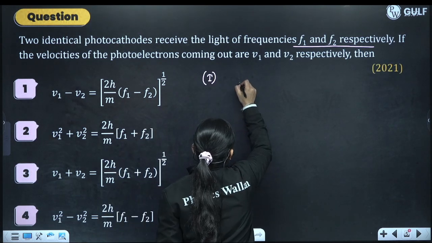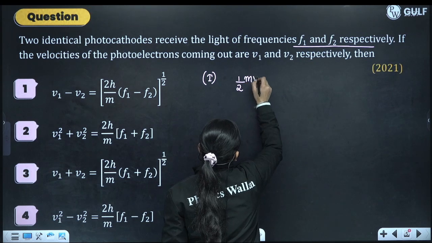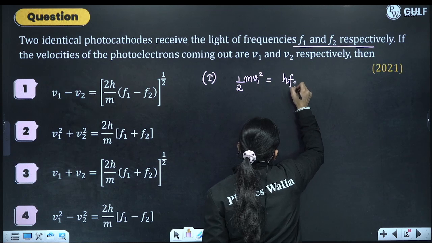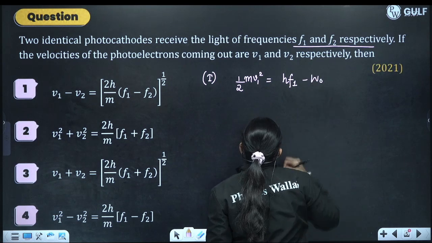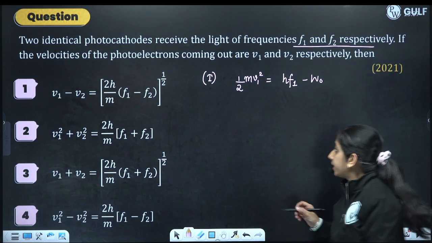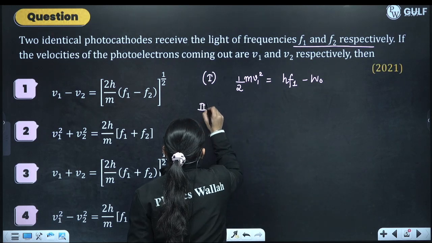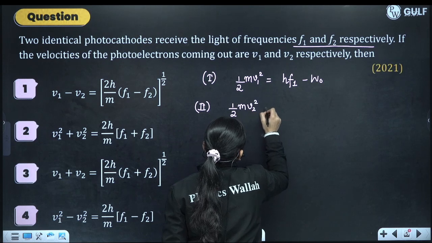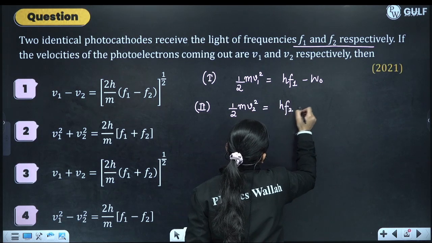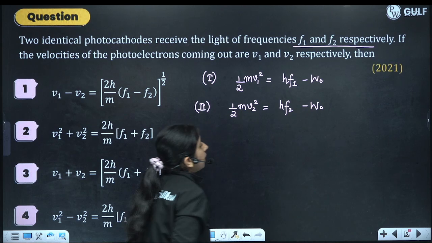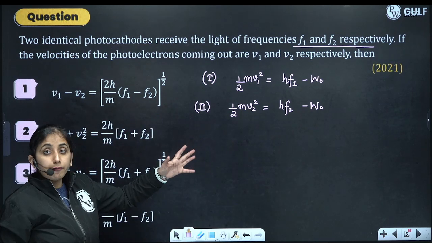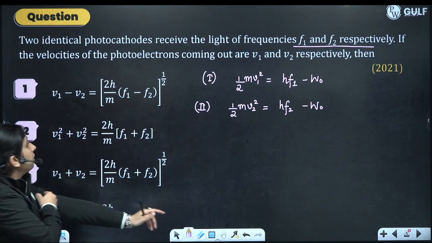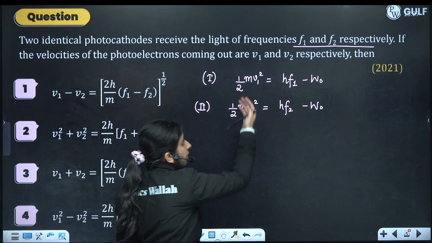So if we write half m v1 square is equal to h f1 minus w naught. Yes, this is for first cathode. Second cathode, it is receiving half m v2 square will be equal to hf2 minus w naught. Incident frequency is f2 and photoelectron speed is v1 and v2. Okay, so this is what we will write.